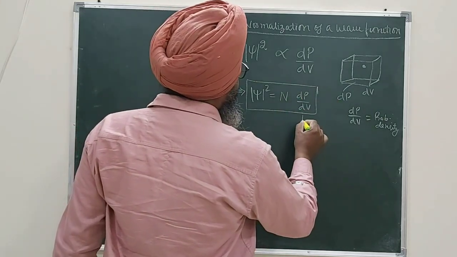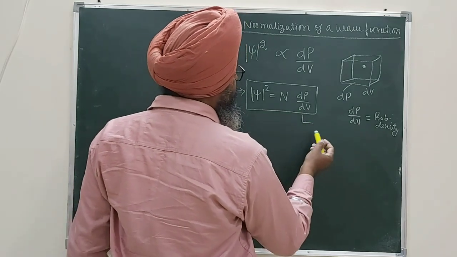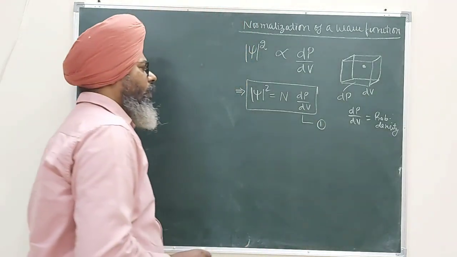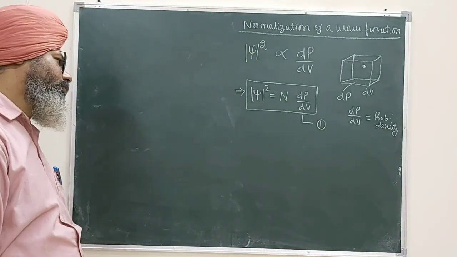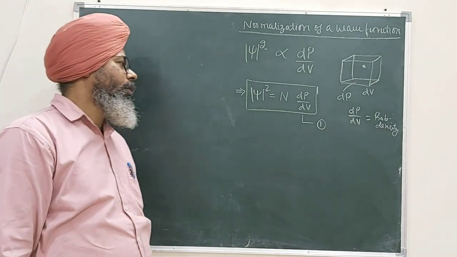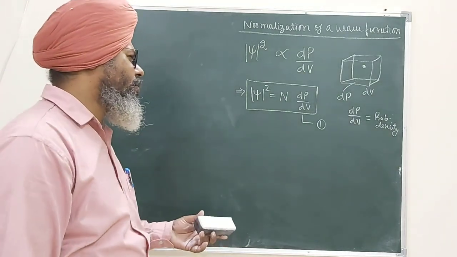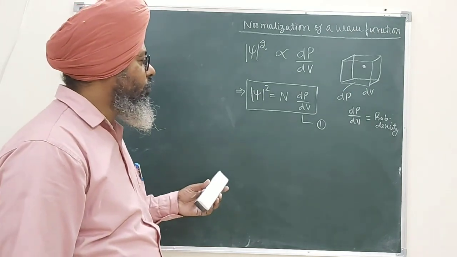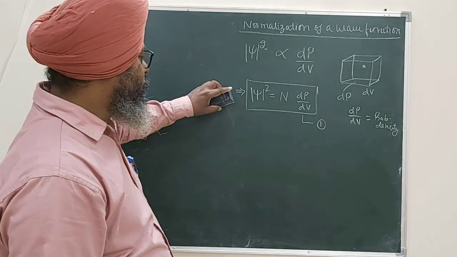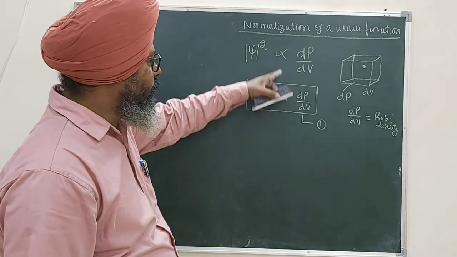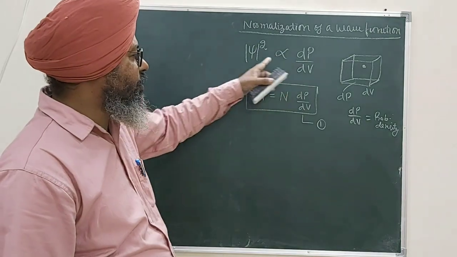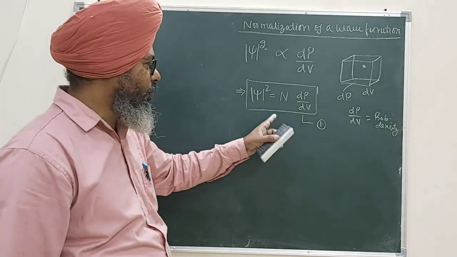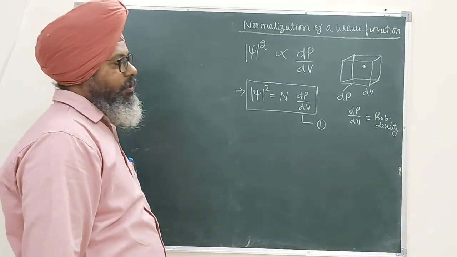I have just taken it to be N. You can write this constant as c or something else, whichever you wish, and there is no hard and fast rule that you will always write this as N. In fact, in numerical problems we usually take any unknown multiplier constant to be a normalization constant. So this constant N, which appears from Max Born's interpretation of the wave function in this equation 1, is called a normalization constant.